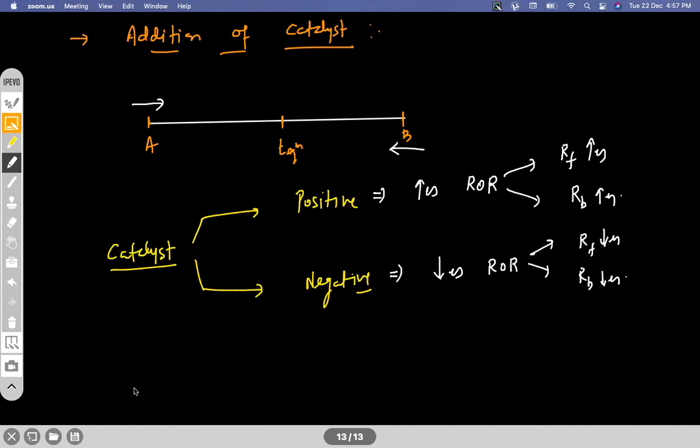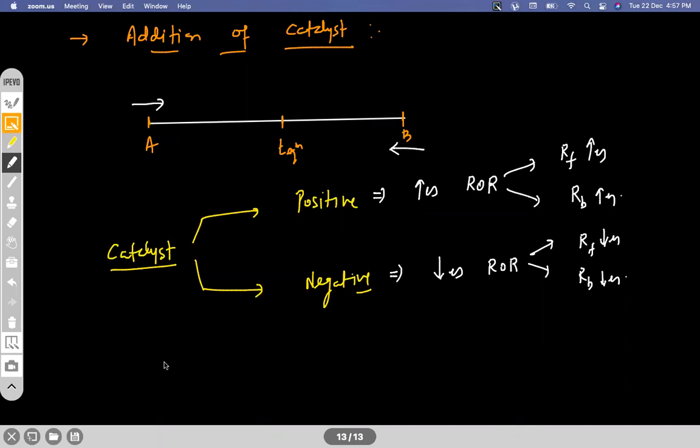Catalyst affects the rate of reaction depending upon its nature.